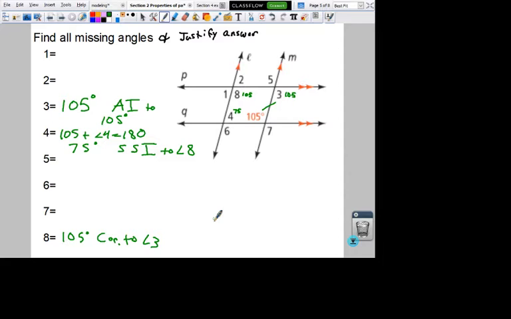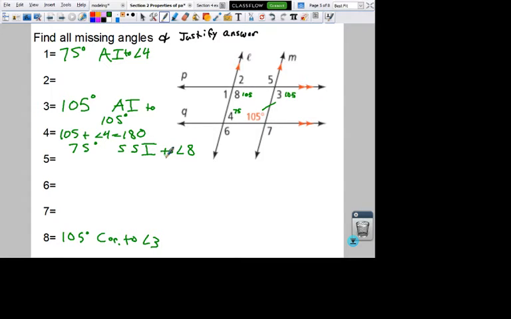Yep. They are alternate interior angles, which means they are the same. So angle 1 is also 75 degrees because it is alternate interior to angle 4.